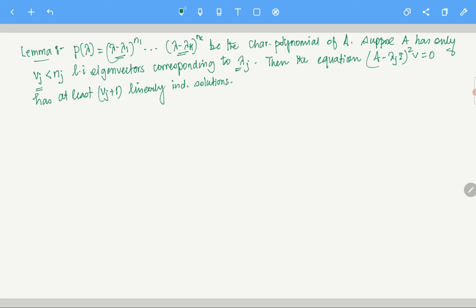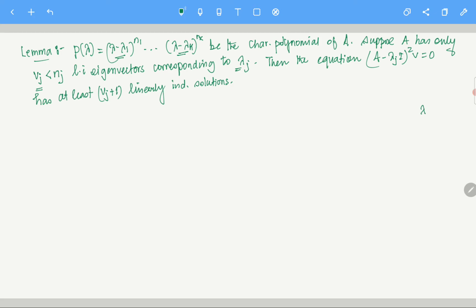Is this clear what I am trying to say? You pick any eigenvalue, let's say one of them, lambda j. What is the multiplicity of lambda j? nj. But let's say you are only getting vj linearly independent eigenvectors.